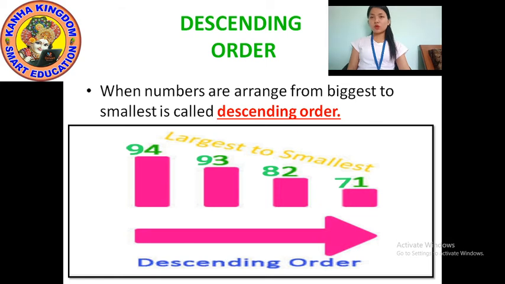So in this picture, the numbers are arranged from largest to smallest, starting from the biggest number to the smallest number. So the numbers are said to be in descending order. Okay, students, the numbers are in descending order.